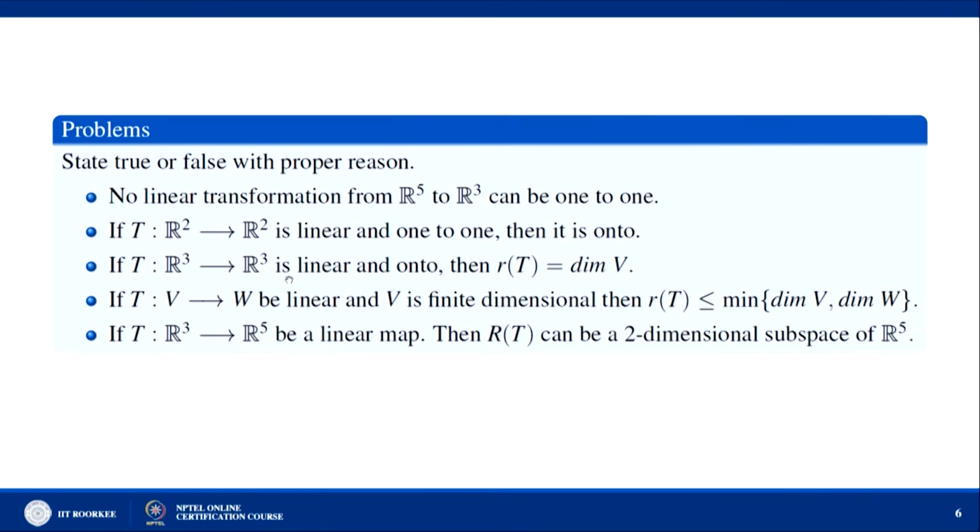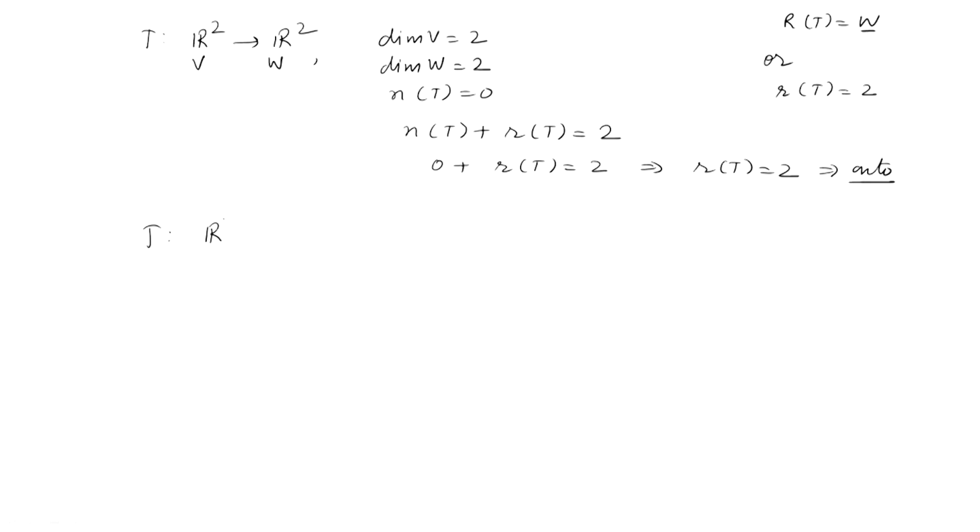In the next one, if T is from R3 to R3 and it is linear and onto, then the rank of T is equal to the dimension of V. Here the dimension of V is 3. Now, T is from R3 to R3, it is V, it is W, the dimension of V here is 3, and T is linear and onto.